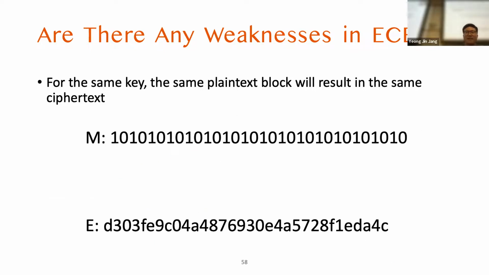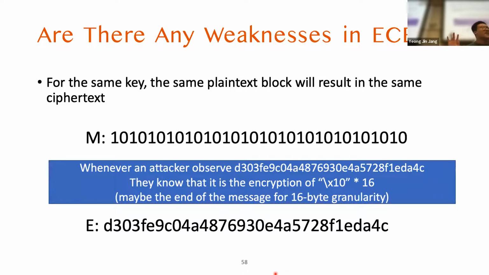There's a direct mapping between the plain text and the ciphertext. So as an attacker, even if the attacker doesn't know what the plain text is, they can just observe the ciphertext on the line. Suppose I'm sending either 0 or 1, but I'm sending many more 0s than 1s. Then there could be 2 types of ciphertext, and the attacker might know which one is 0 and which one is 1, depending on whether they know that I'm sending more 0s than 1s. So that kind of analysis is possible.